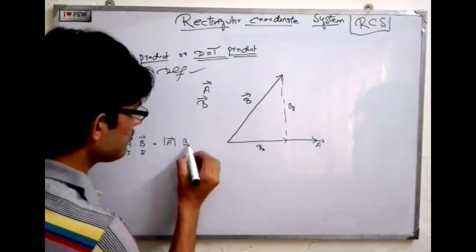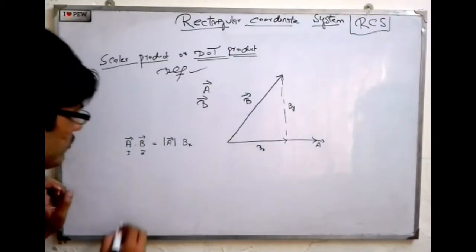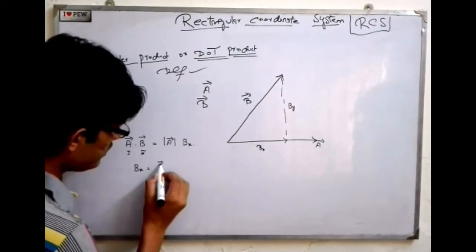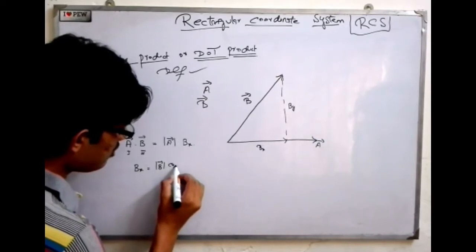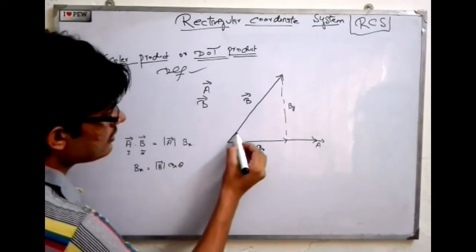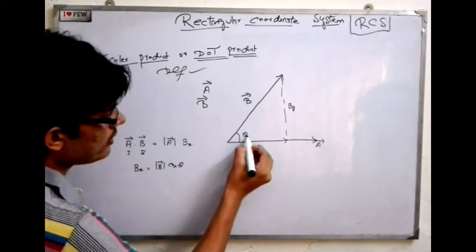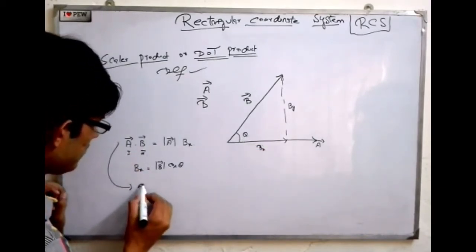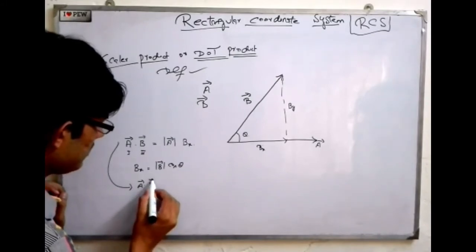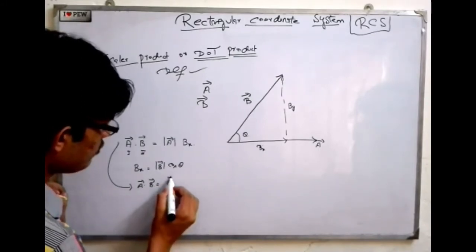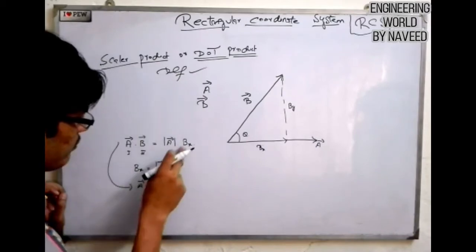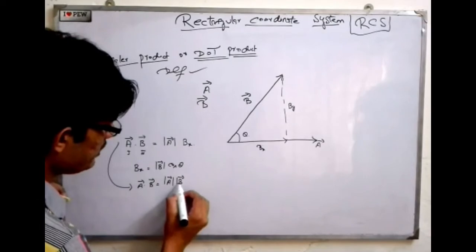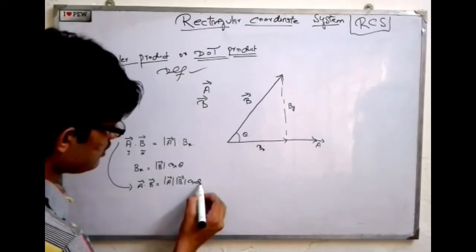So here we take Bx. As you know, Bx is equal to magnitude of B cos theta, where the angle between these two vectors is theta. So you can write A dot B equal to magnitude of A, and putting the value of Bx, we get magnitude of B cos theta.